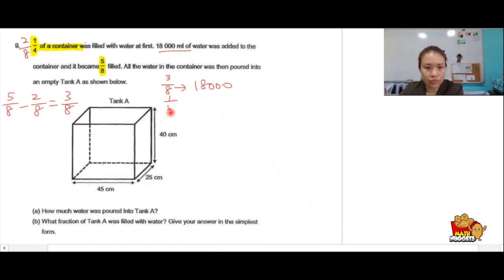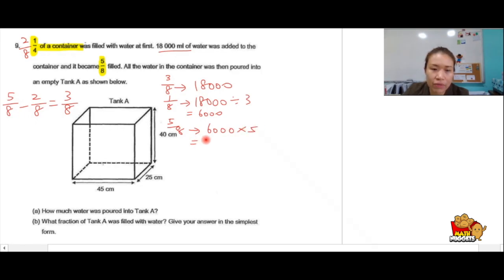So 3/8 of the container is 18,000. 1/8 would be 18,000 divided by 3, 6,000. So we need to find out how much water was in the container, right? Which was 5/8. So we take 6,000 times 5, we get 30,000.